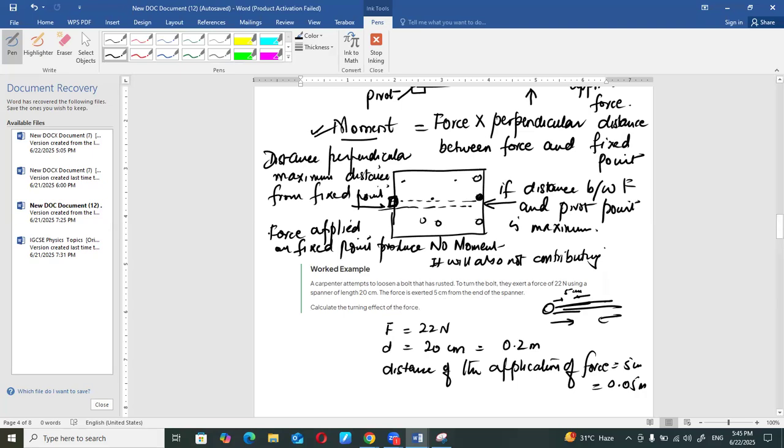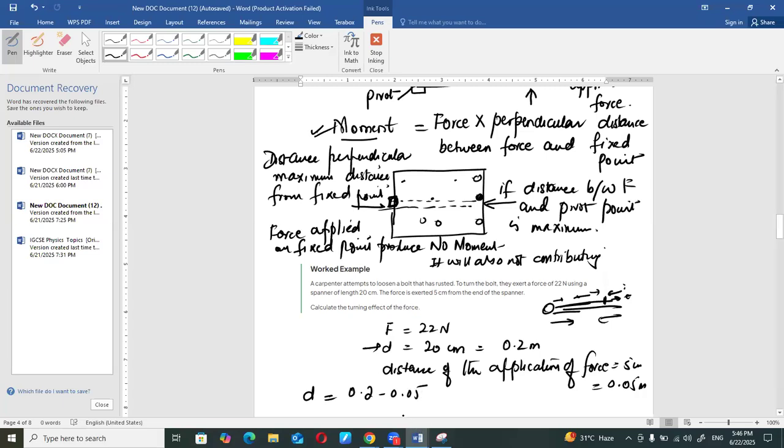Now, it means that the force is not applied here, but at the end of the spanner means here. So basically, say this point. So the rest of the 5 centimeters is not being used. So technically speaking, the D value is not 0.2. The D value should be 0.2 minus 0.05, right?